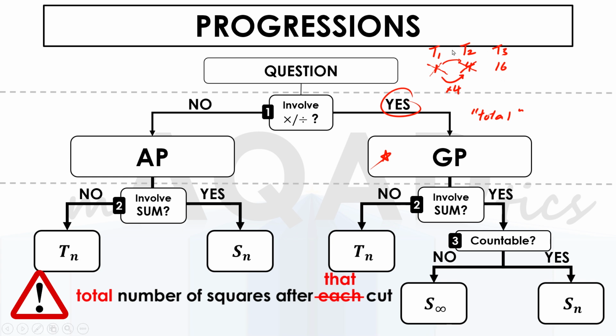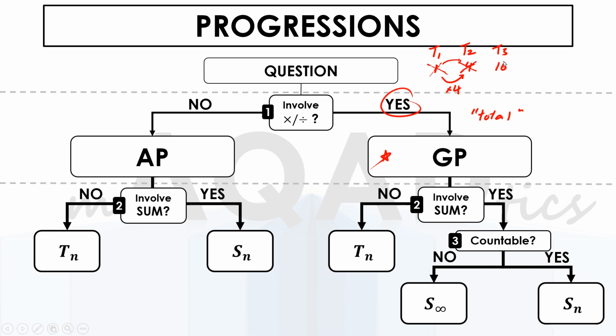For example, if I cut 2 times, the total number of squares is 16. It's not 1 plus 4 plus 16, because 1 plus 4 is not existent anymore. So we only look at that term only, which is why for the second question, it's a no.